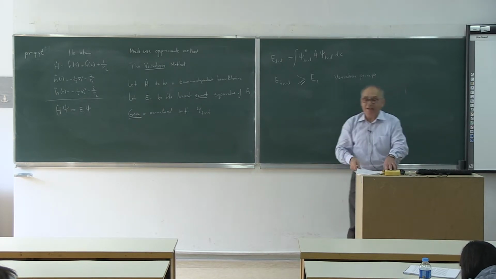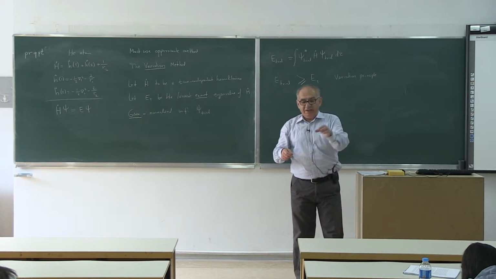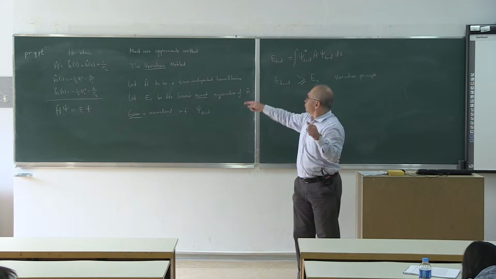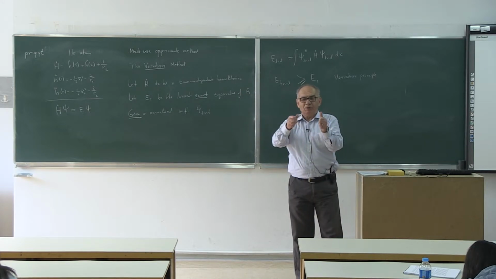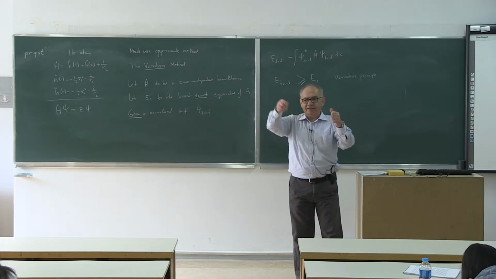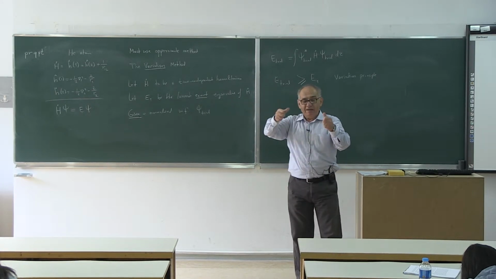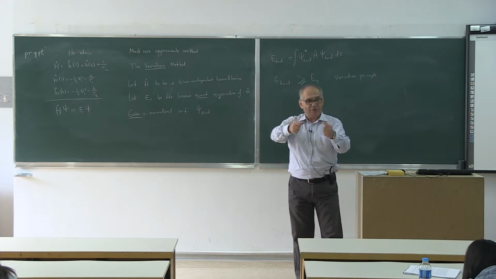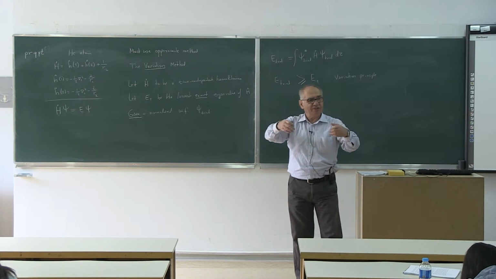And the main idea in doing this is, if there is an operator A which commutes with H, the exact H, then we know that the operator A and the exact solutions psi are the same set of solutions. In other words, the commuting operator A and Hamiltonian H have the same set of eigenfunctions.